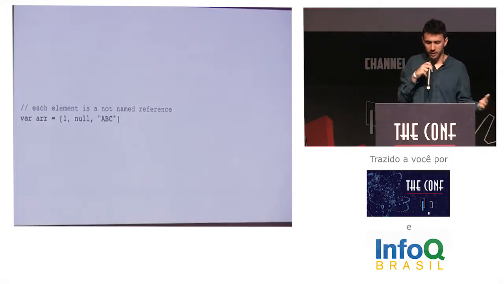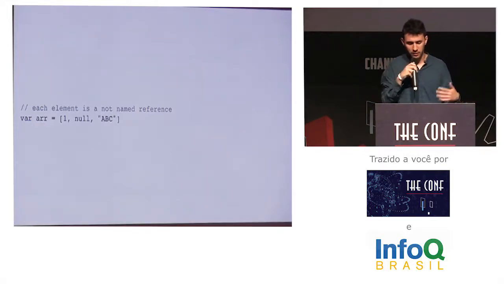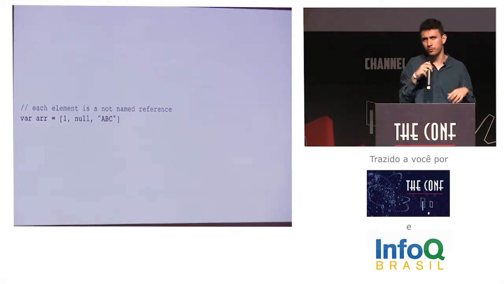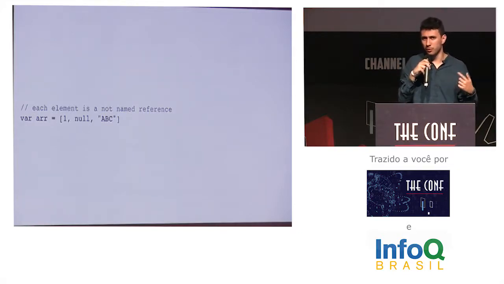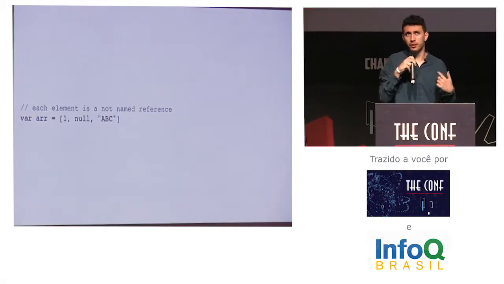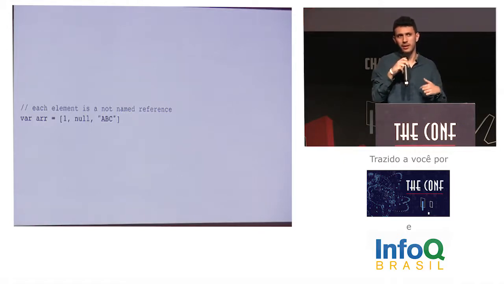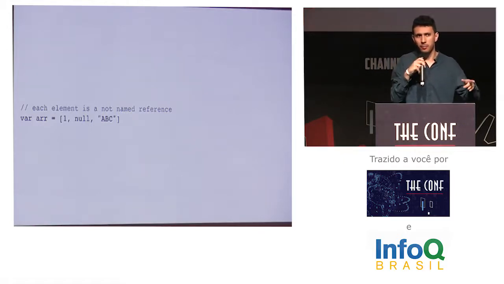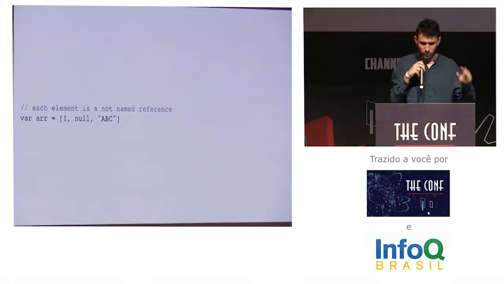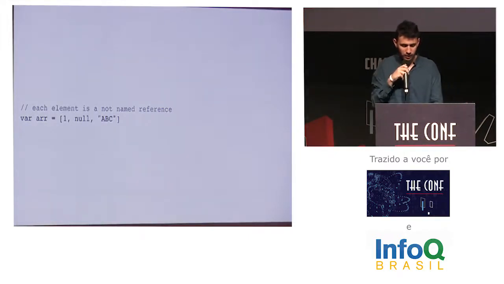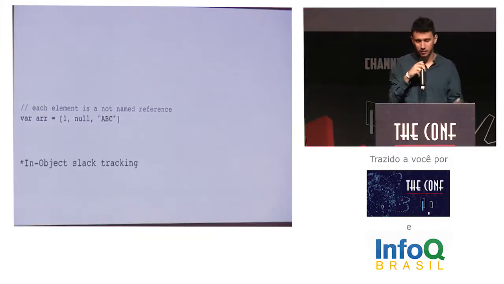Each element in an array is not named. Even if you create a function, this will be a cycled reference. The function inside your array sets a pointer to another place, but I will explain it later. In this case, we have an array and each element is not named.